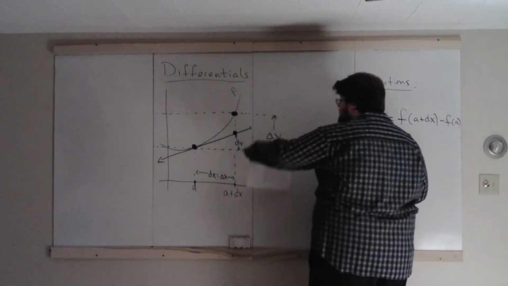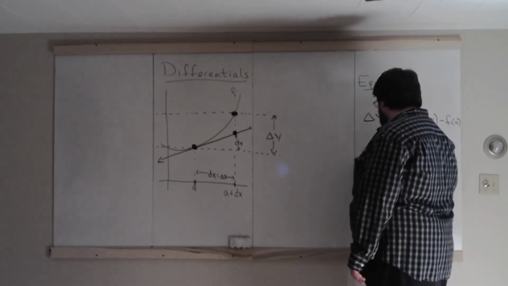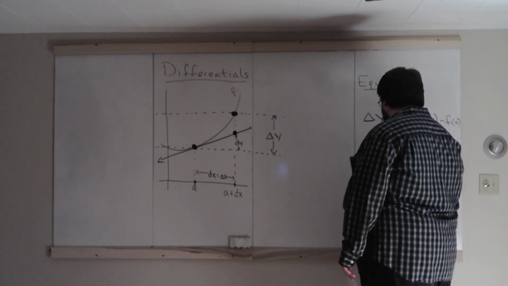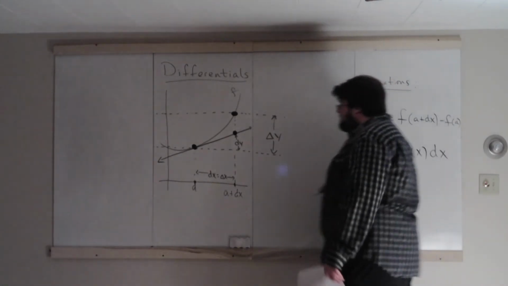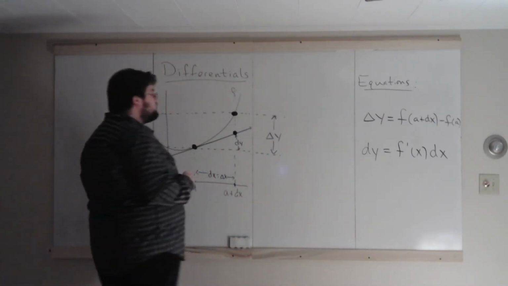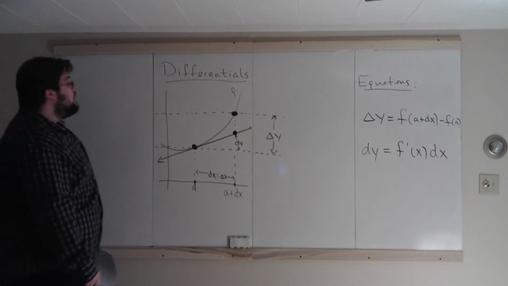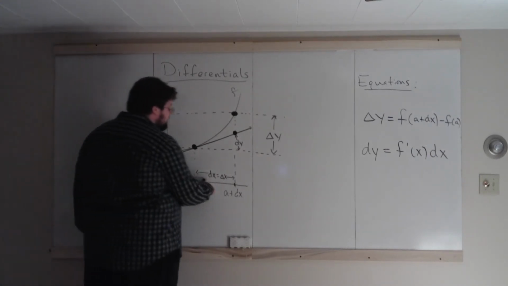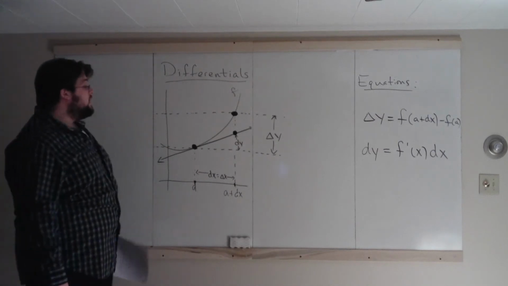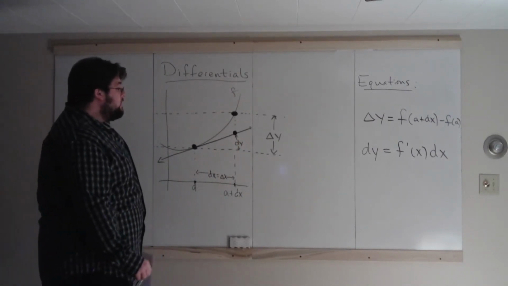We can find dy using the derivative and the change in x. dy is exactly equal to f prime of x times dx, where dx is defined as this change in x. So this little y value here is found exactly using the derivative.